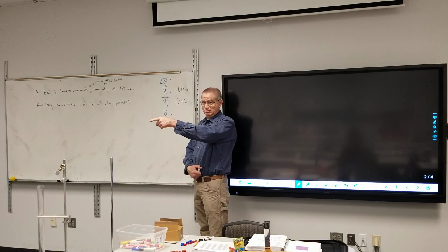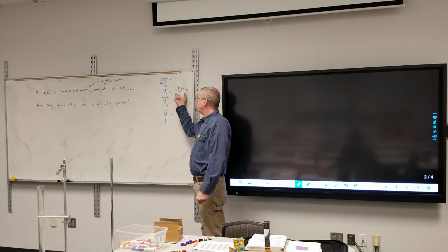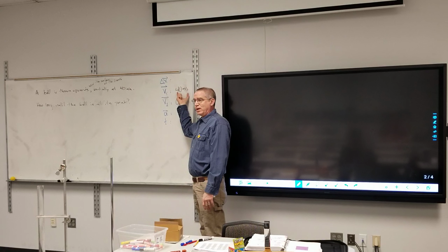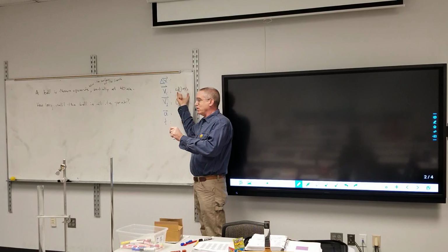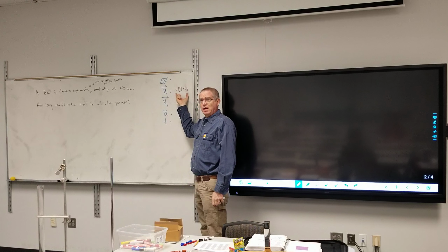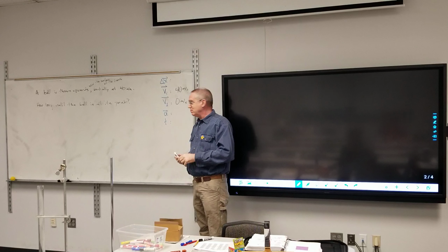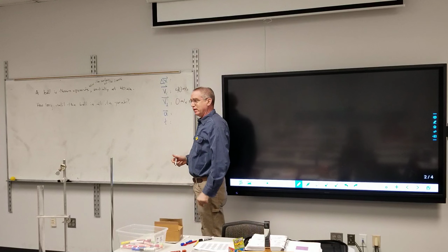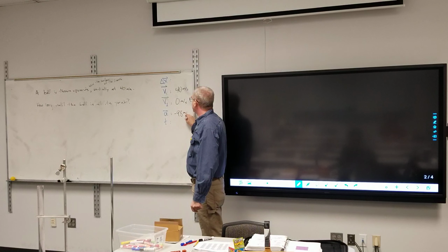Because we said so. When you said 40 meters per second, and I asked if you were good with that, and you said yes, at that moment you established up as positive. If you had said negative 40 meters per second, that would have been fine too. But as soon as that was established, up became positive, and therefore, as Joey said, down would be negative. So negative 9.8 meters per second squared.